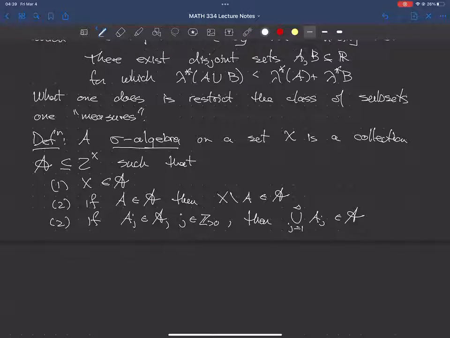And I think a reasonable explanation for why you require countability here has to do with what you're trying to do with measures. One of the things you're trying to do, again, is build a theory of integration.